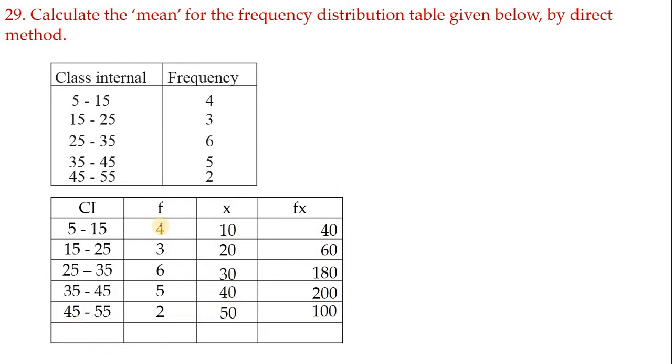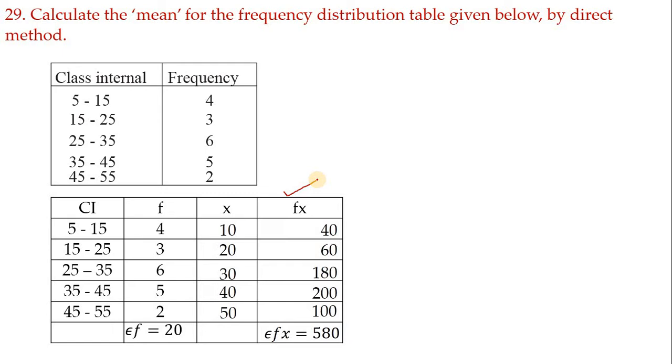But in the table, wherever f is there, we have to add those columns, children. Here there is f, so you have to add this column. If you add all those, we get 20. Similarly here fx is there, hence we add this column, and we get 580. Now we have fully prepared the table.